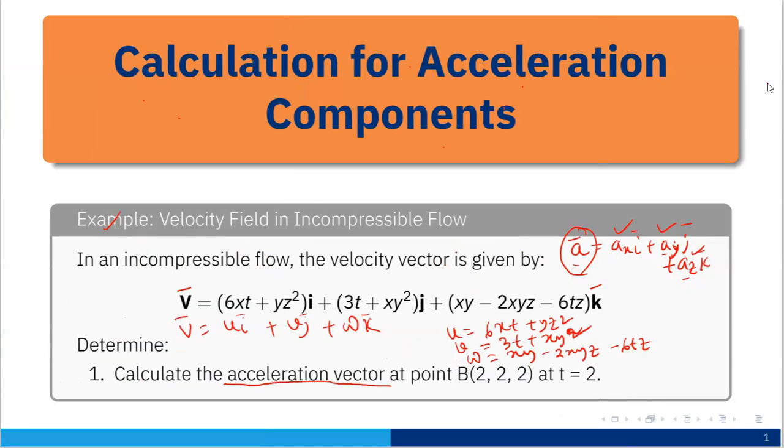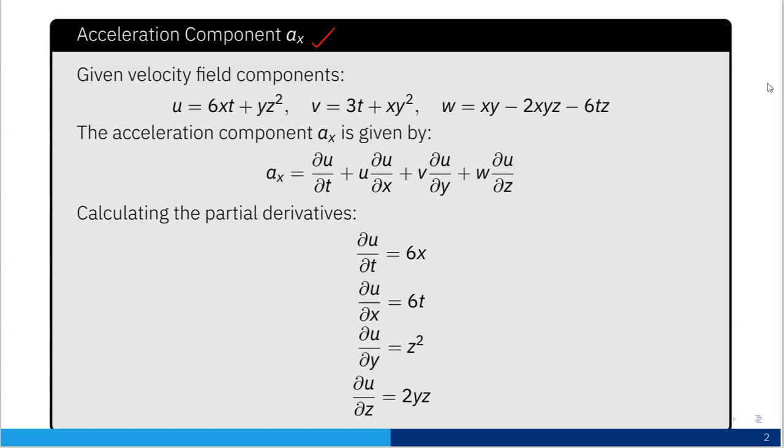The acceleration component ax, from the material derivative, is nothing but ∂u/∂t plus u ∂u/∂x plus v ∂u/∂y plus w ∂u/∂z. Now we know u, v and w. We have to calculate each term, and then plug in x equal to 2, y equal to 2, z equal to 2 and t equal to 2. We will get the x component.